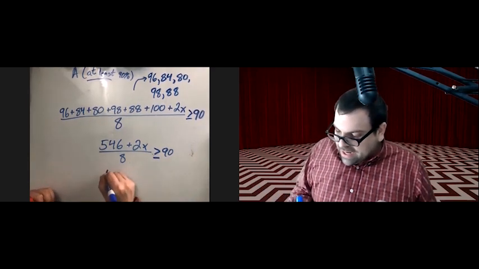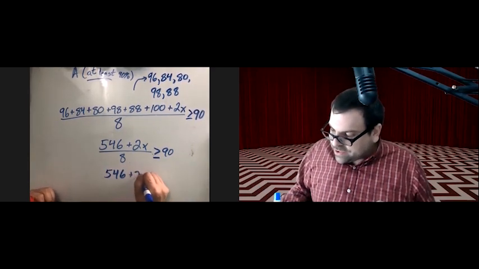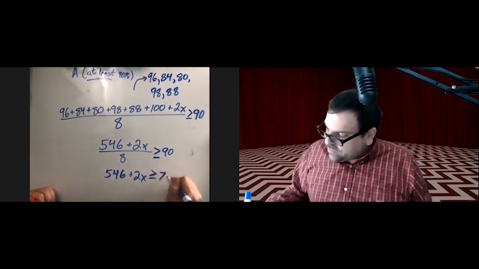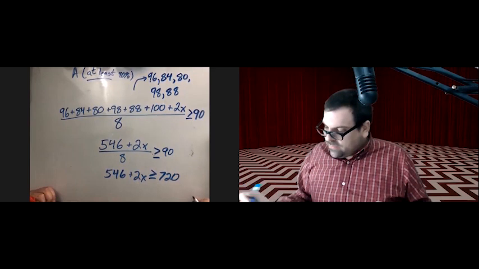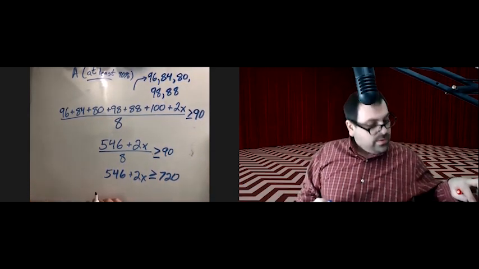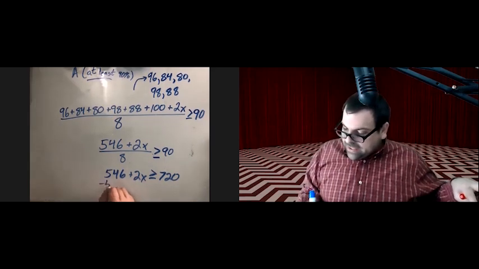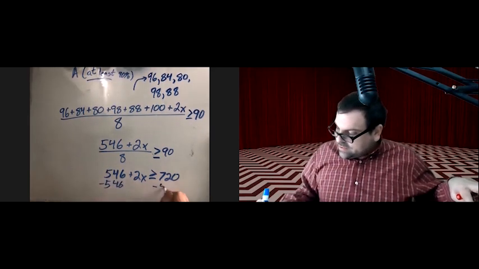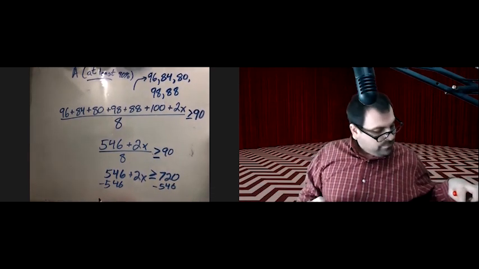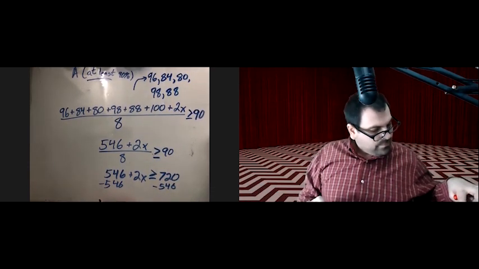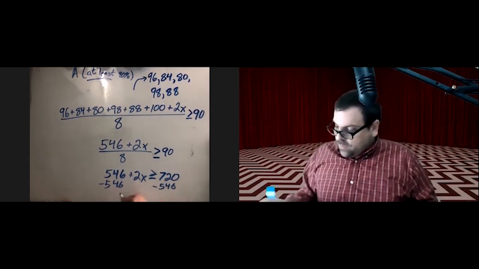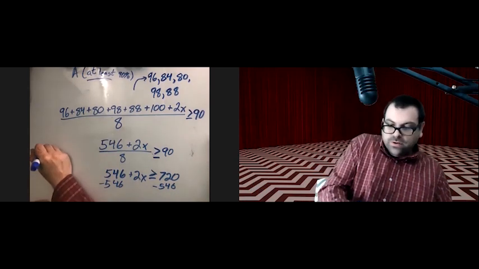Multiply both sides by 8, 546 plus 2x would be greater than or equal to 720. 720 minus 546 would be 174.